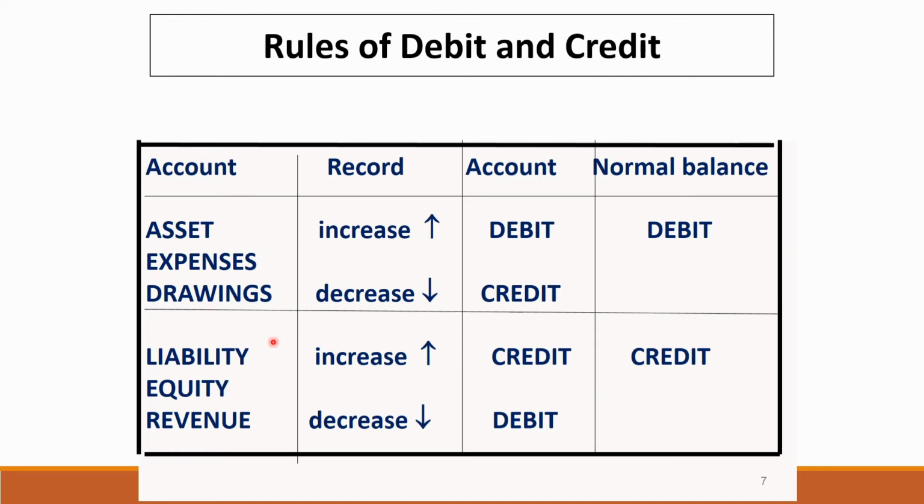For liabilities, equity, and revenue, when there is an increase in the transaction, we must record in the credit side of the account. And when there is a decrease in liability, equity, or revenue, we must record in the debit side of the account. So this one represents the account, and this one represents the category of assets, expenses, drawing, and this is the record where you have to follow the rules.